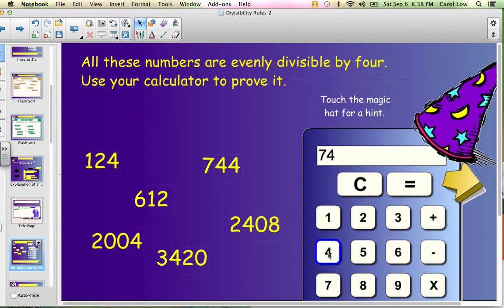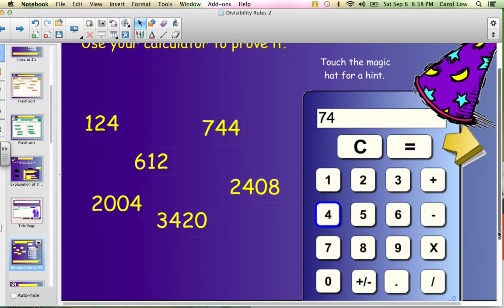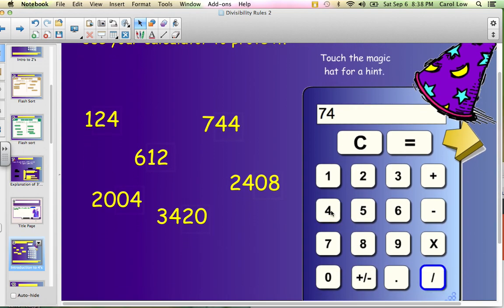Let's do 744 divided by 4 equals 186. So these are all divisible by 4. You can look at your calculator to just check them all out if you want. If not, we can just keep going.